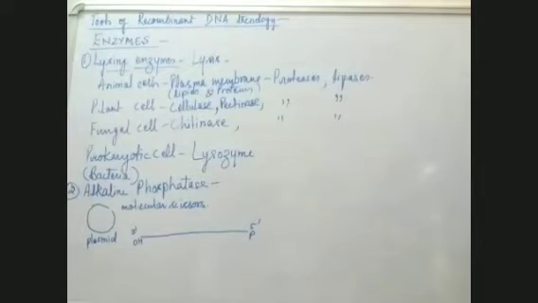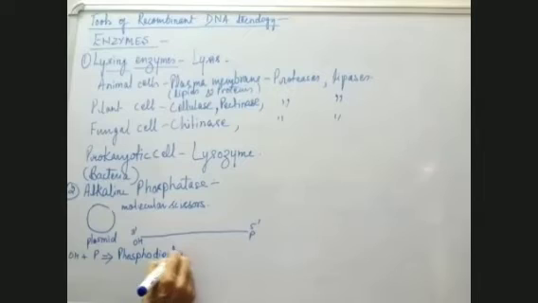Now what happens? This is the nature of the hydroxyl group and phosphate: to join and form a phosphodiester bond again. So these two, OH and phosphate, join to form a phosphodiester bond.